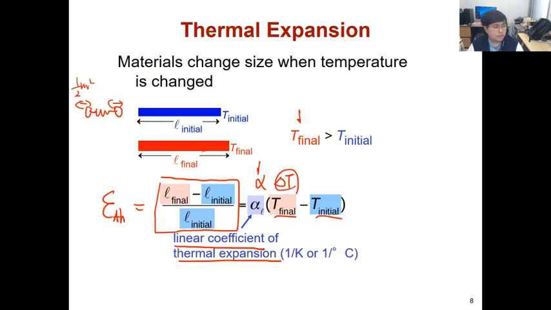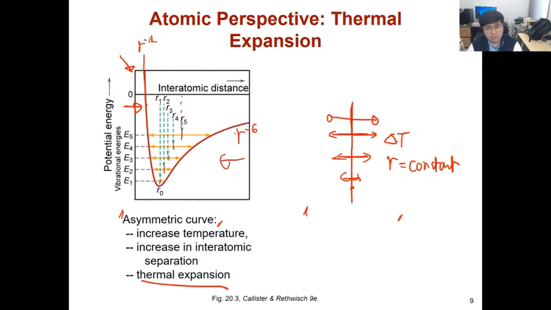At that time, the thermal coefficient varies as a function of temperature, like Cp and Cv. However, most solid structures show simple linear thermal expansion characteristics. This is how we define the thermal strain.